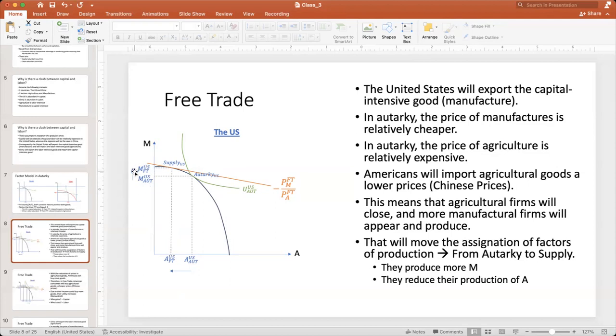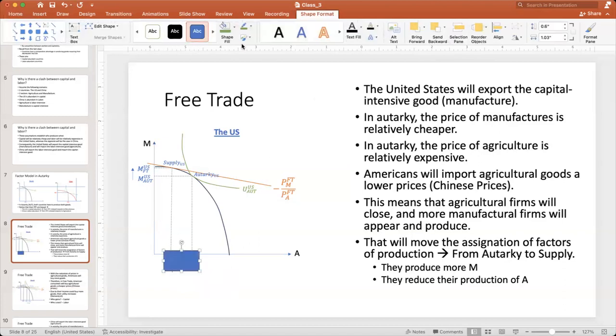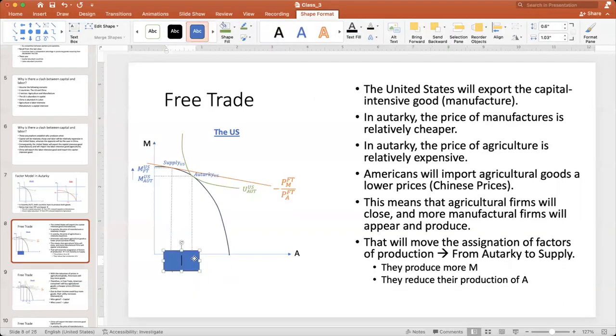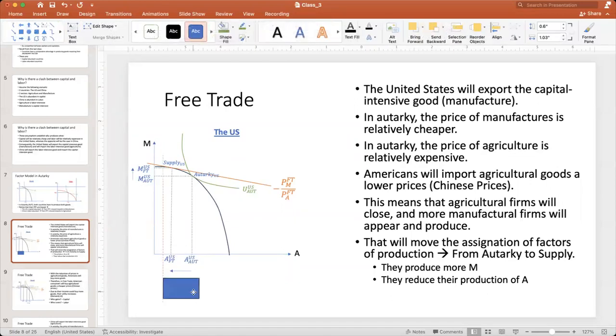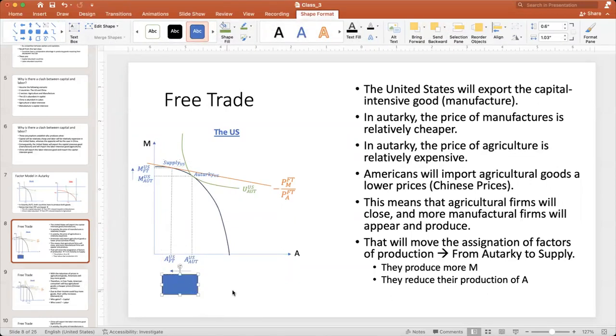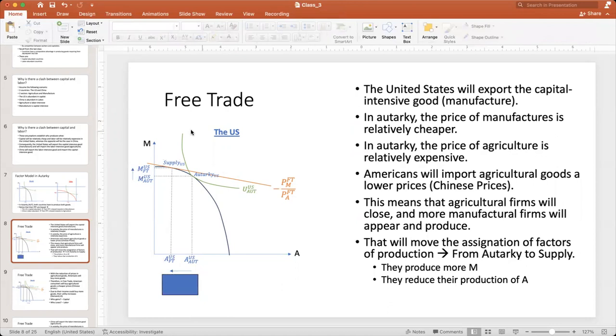They are going to get these production factors from the firms that are closing. So at the end, the production factors that are no longer being used in these firms are going to be demanded by the new firms that will appear in the manufacturing sector.